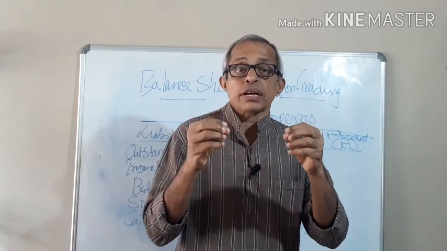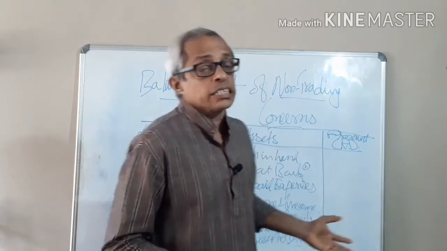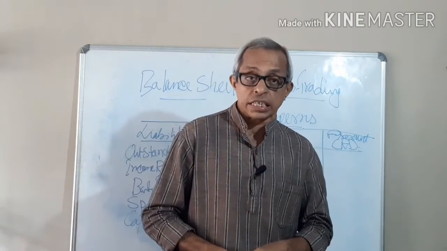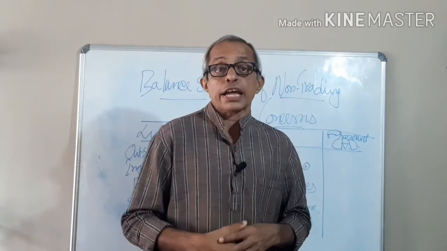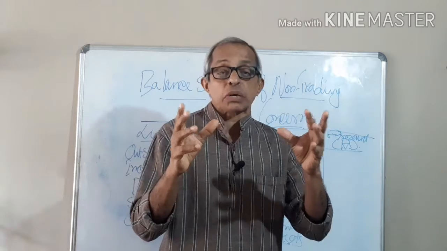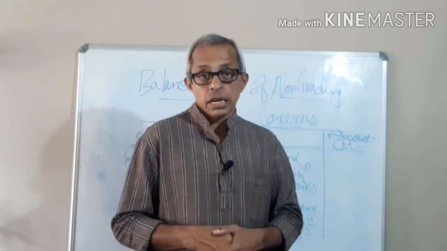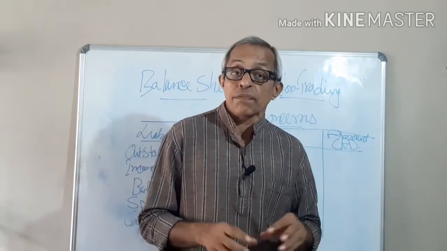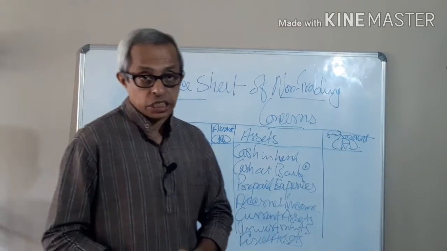That statement of affairs is prepared on the opening date, and to the amount of the statement of affairs we add the balance of income and expenditure account if it is surplus, and we deduct the balance of income and expenditure account if it is deficit. So these are the items to be written on the liability side of the balance sheet.